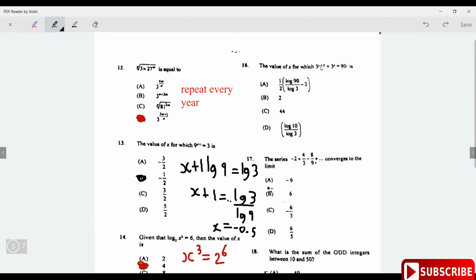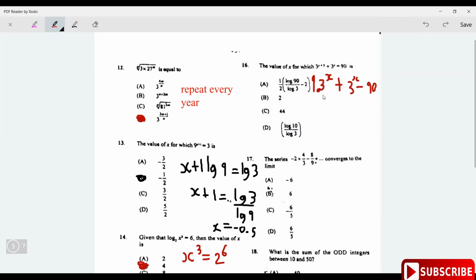All right, so I'm going to rewrite it as 3 to the x times 3 squared, which is 9. So I'm going to rewrite it as 9 times 3 to the x plus 3 to the x minus 90, and that's now equal to 0.